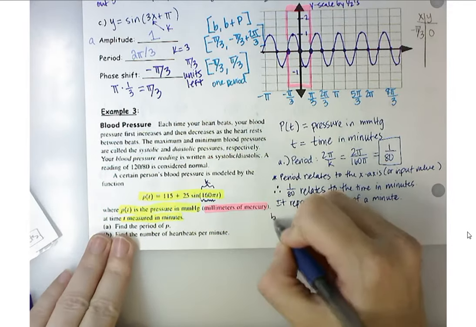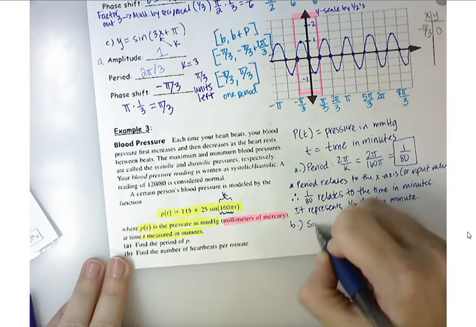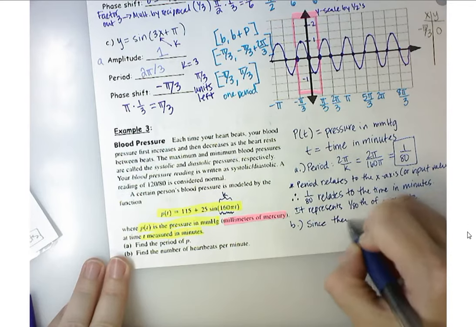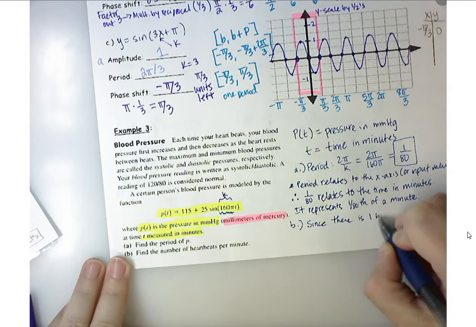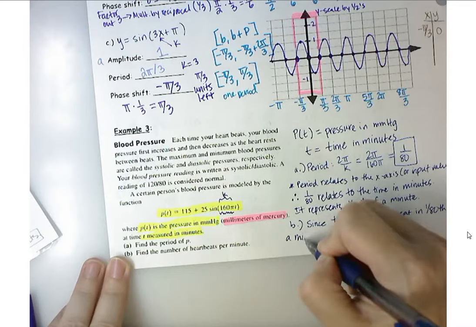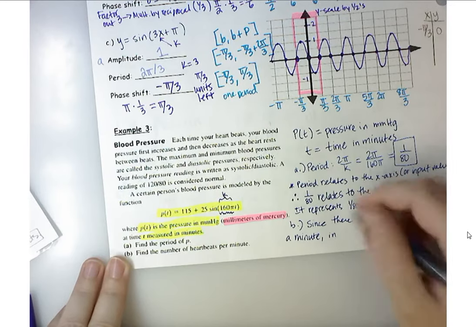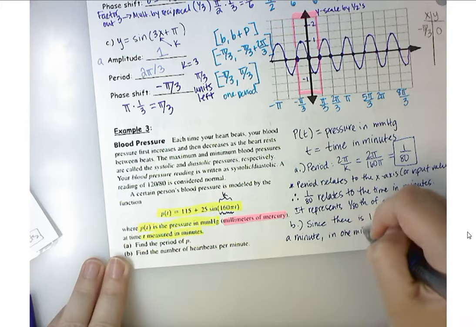So for B, it says find the number of heartbeats per minute. Since there is one heartbeat in 1/80th of a minute, in 1 minute, how many heartbeats are there? 80.